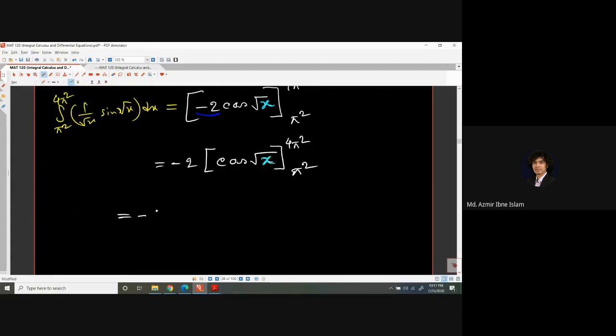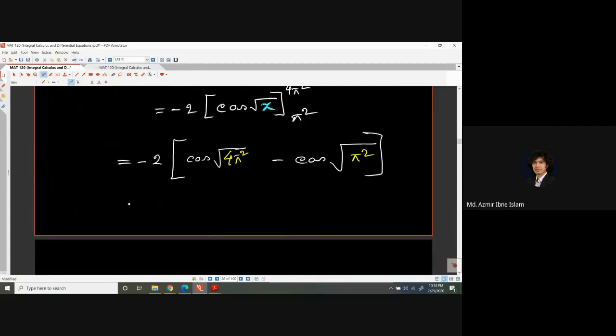So let's apply the fundamental theorem. The fundamental theorem says the antiderivative at the upper limit minus the antiderivative at the lower limit. Our upper limit is 4 pi squared, lower limit is pi squared. We are plugging the upper limit and lower limit where we have x.